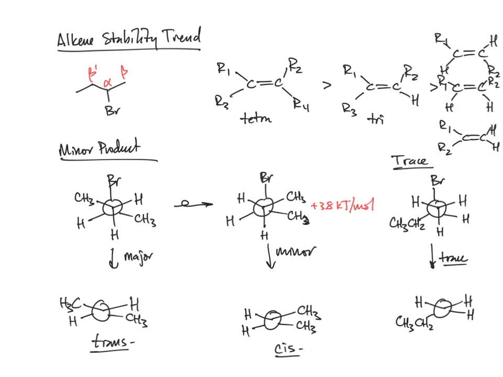And then those are more stable than monosubstituted. So again, alkene stability, tetra is greater than tri, is greater than di, it's greater than mono. To help you figure out, again, when you look at your beta carbons, the more substituted the beta carbon is, that leads to the more substituted alkene after it's deprotonated.